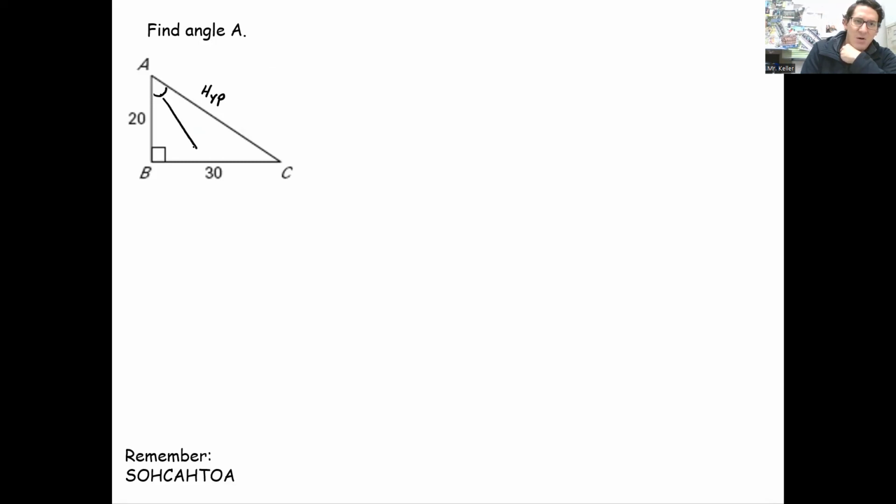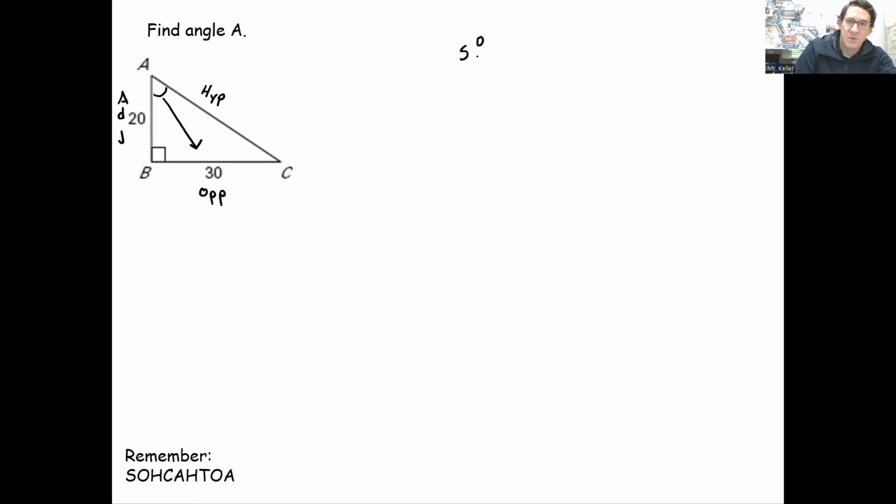The eyeball is looking at the opposite side, and the side next to it that's left over is the adjacent side. So you're going to ask yourself, kind of like what we did with normal trigonometry, what two side lengths do you know? That's what's going to give you what you're going to work with.